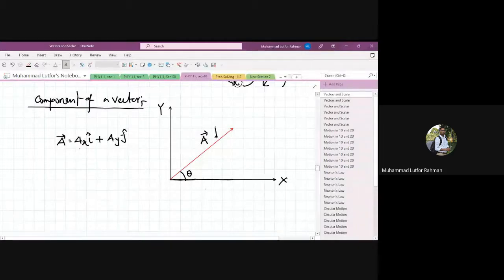Now we will express this as Ax, and in the y direction that would be, say, Ay. Now if you multiply this Ax with i hat, I'll find that vector. If you multiply Ay with j hat, you will find that vector. I'm going to shift that vector Ay j from here to here.